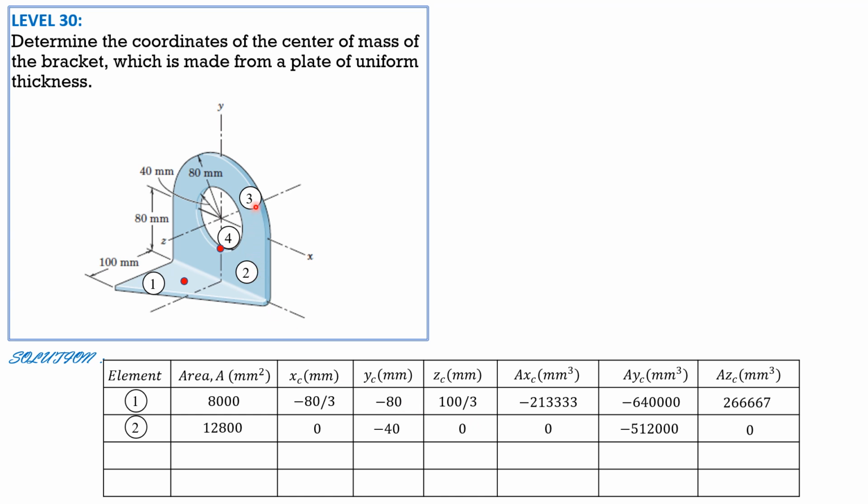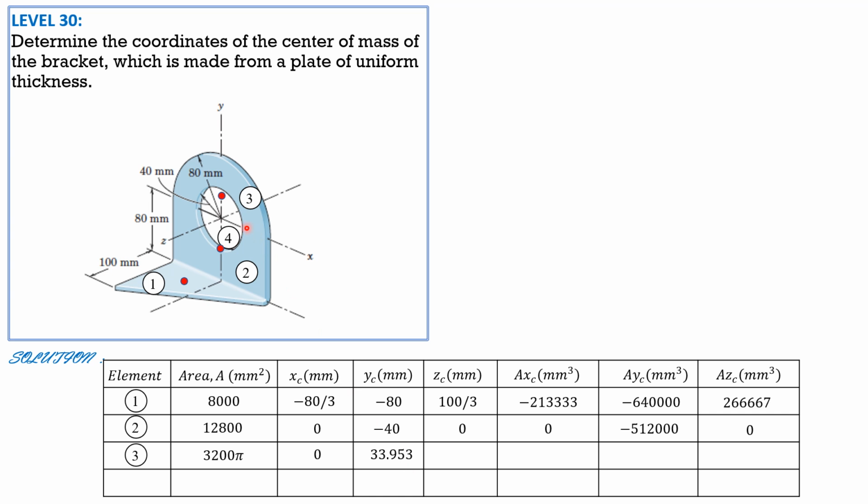For element 3, pi 80 squared over 2. So pi times 80 squared over 2, that's the location of the centroid, 3200 pi. X sub c, it lies on the y-axis, so 0. Y sub c, that distance is 4r over 3 pi. 4 times 80 divided by 3 pi, let's just put the value, 33.953 mm.